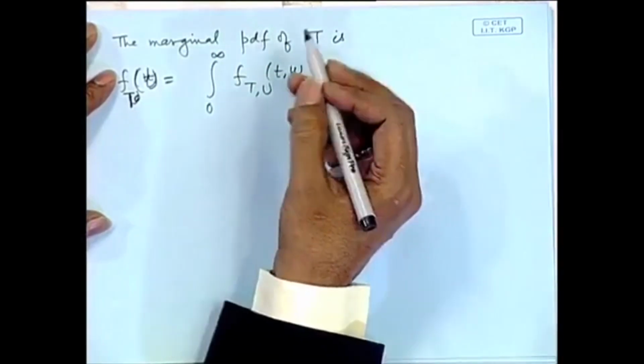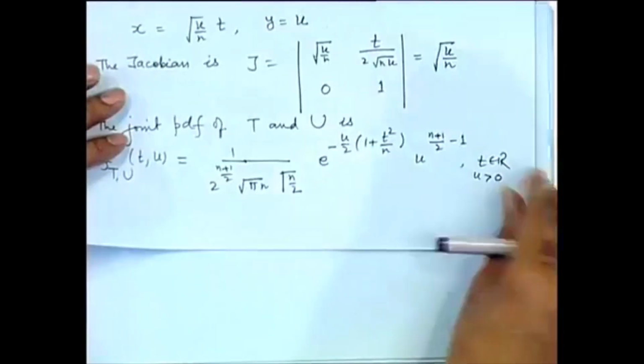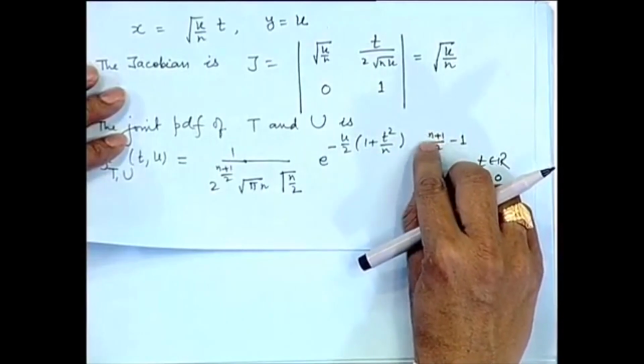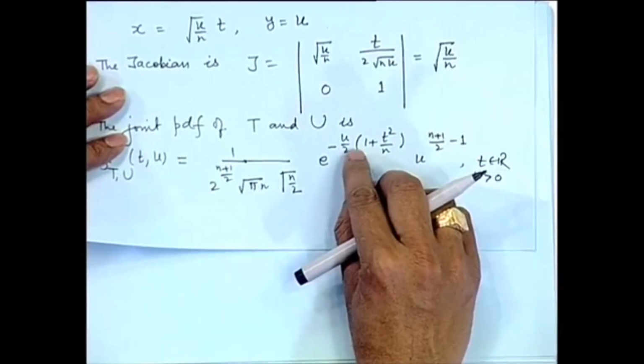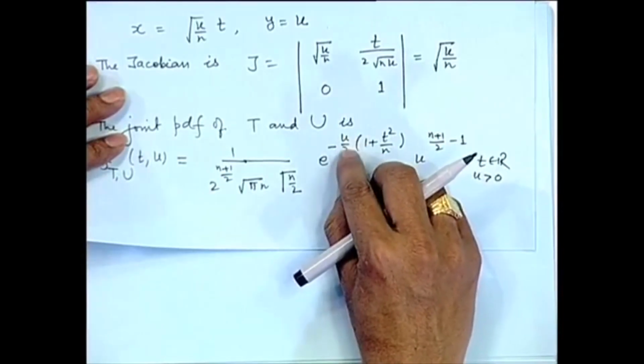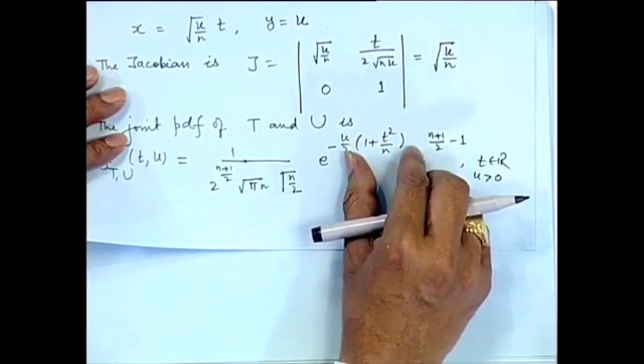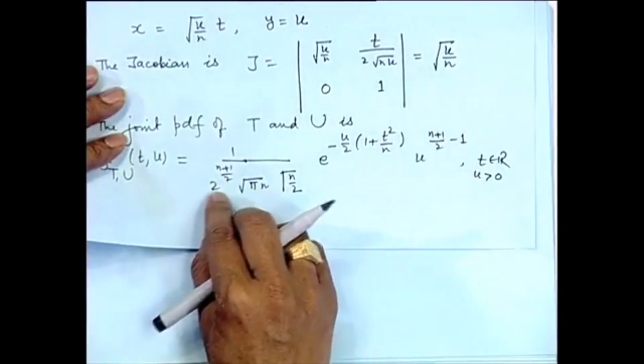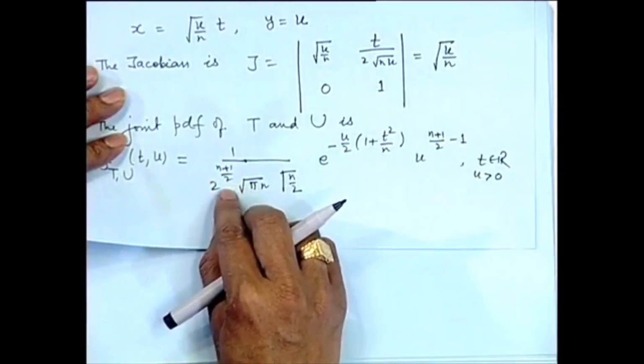I have written it wrongly, this is f(t). Here the order of the gamma function is (n plus 1) by 2. So, in the numerator I will get gamma (n plus 1) by 2 divided by, u has a multiple half (1 plus t square by n). So, in the denominator I will get half (1 plus t square by n) to the power (n plus 1) by 2. Now, there is a 2 to the power (n plus 1) by 2 term that will cancel out.